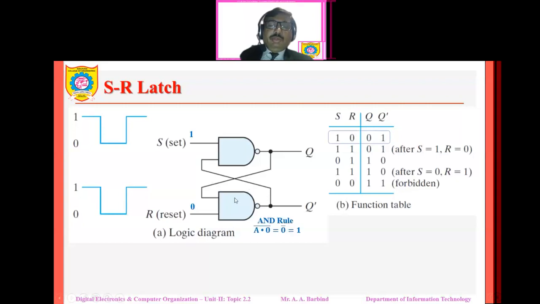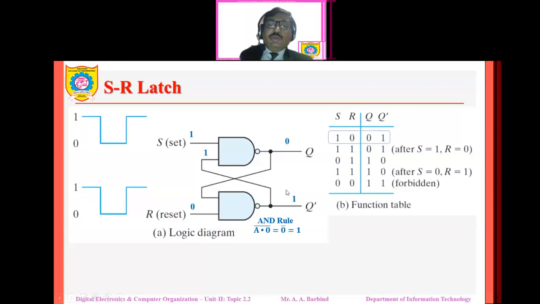As you know, in the truth table of the NAND gate, if any one of the inputs is 0, then the output is 1. So irrespective of the other input, the output of this particular NAND gate will be 1. Then the input to the other NAND gate will be 1, and as a result both the inputs of that NAND gate are 1, so its output will be 0.